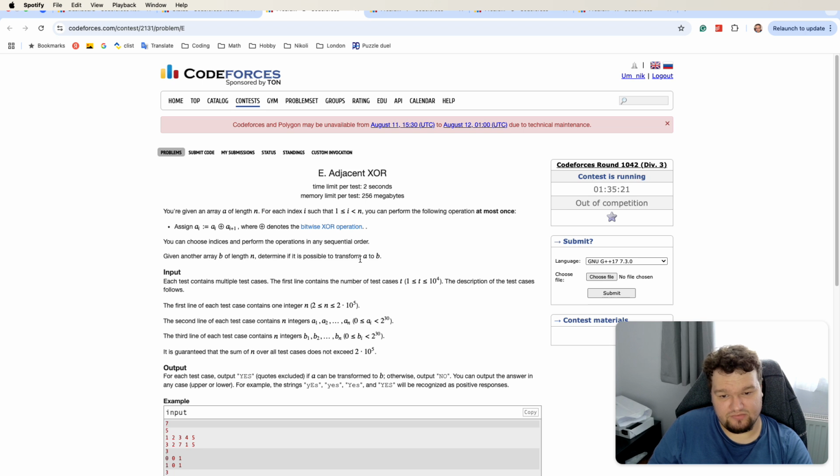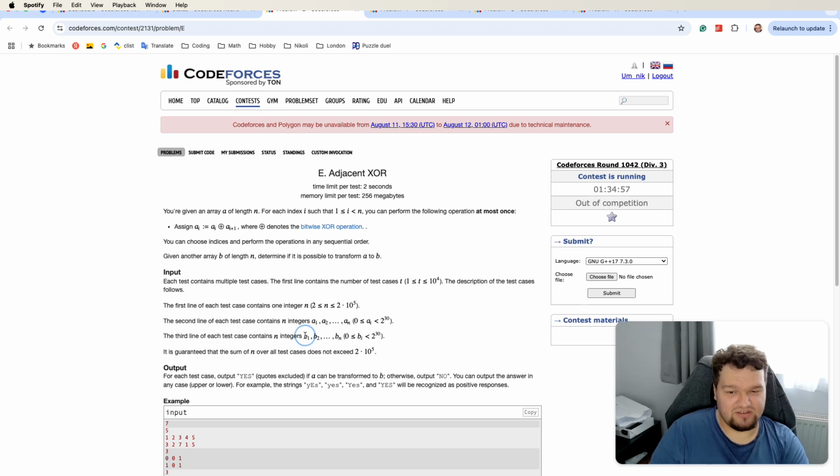Okay, so we want to transform to a given array. The only way to change some element is to do the operation in that index, and we can do it only once. So after we do the operation in that position, it must be correct.